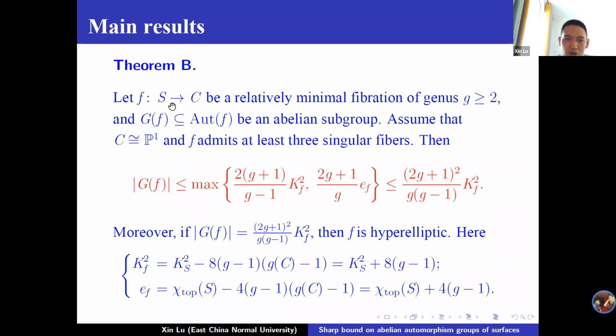This is because, as we said before, this G_F can be decomposed into 2 parts. One part is an abelian subgroup of a general fiber, and the other part is an abelian subgroup of the base curve. The general fiber is of genus at least 2.